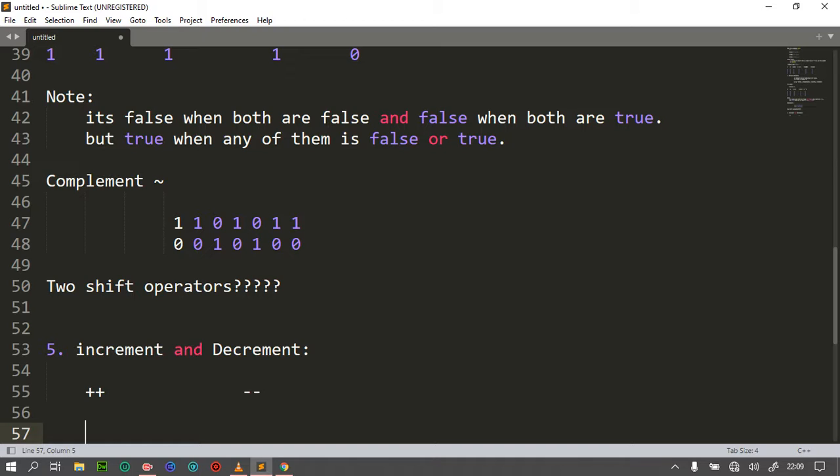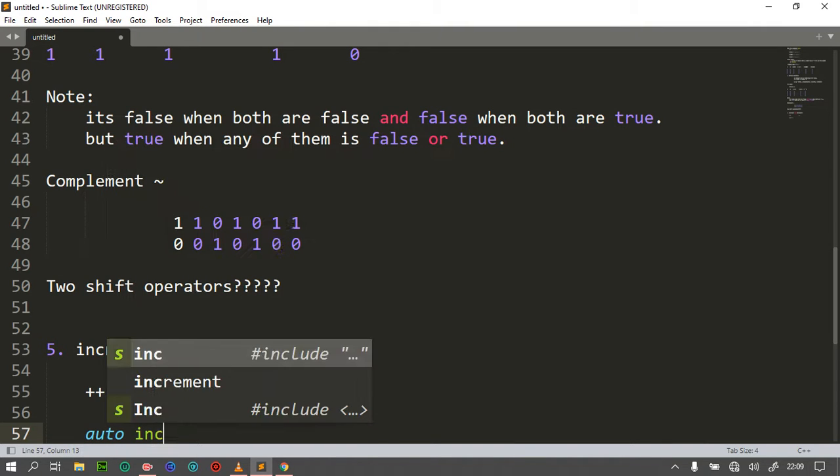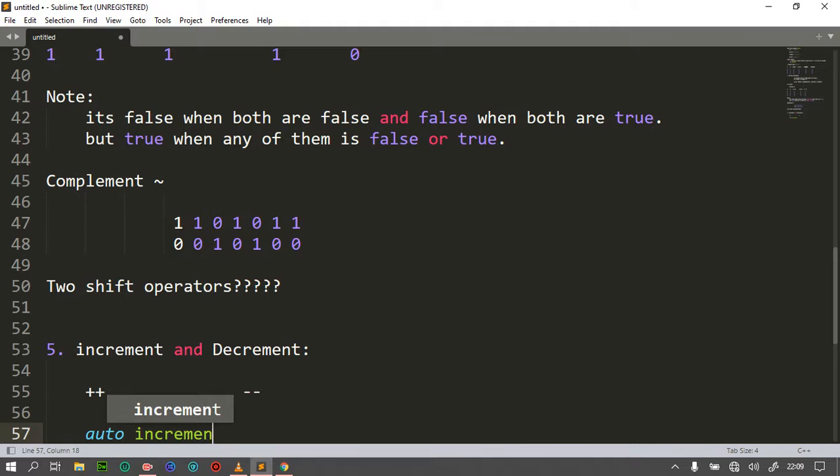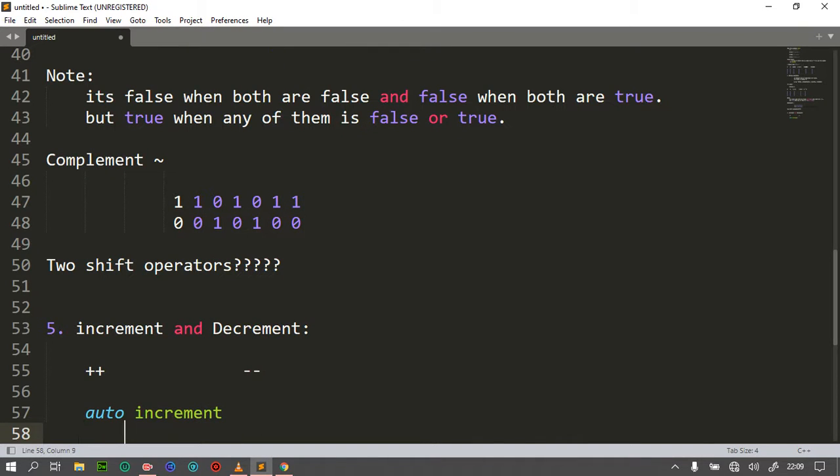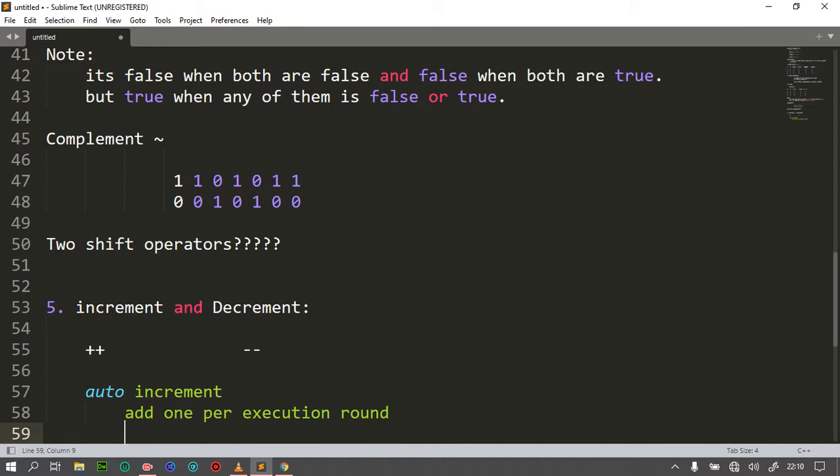Okay, now auto increment means add 1 per execution round. Okay, add 1 per execution round.